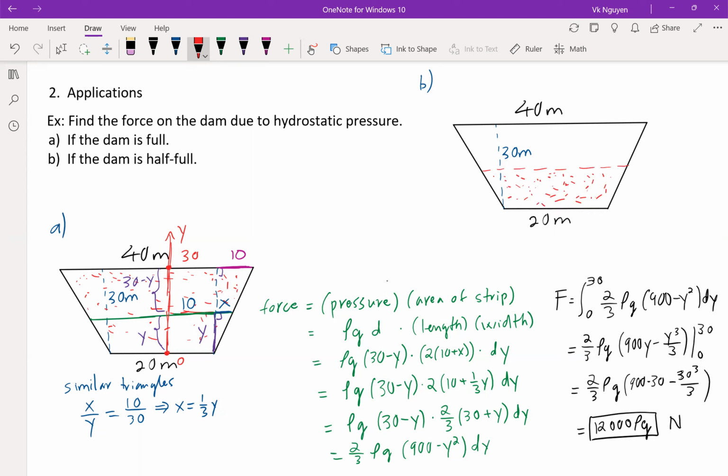Same thing here: we're going to get a sample strip. This would be a strip, and the force on this sample strip would be pressure multiplied by area of strip.